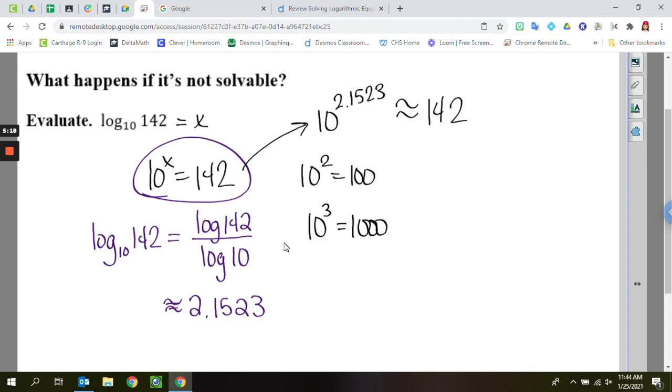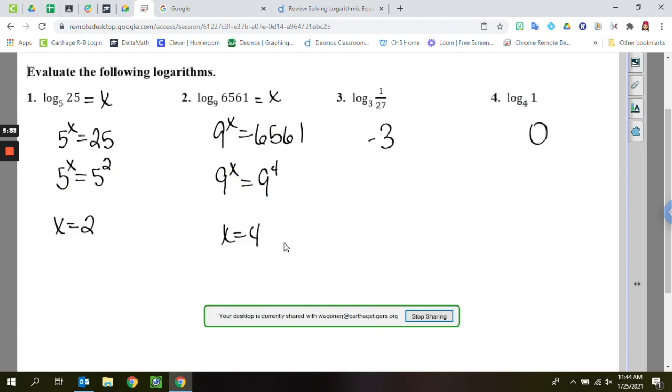It's not going to be exact because again, you rounded it off, so it's not exact anymore. Okay, so this even works in the previous one we just did. It'll work all the time. Just like the quadratic formula works to solve any quadratic equation, even those that are factorable.